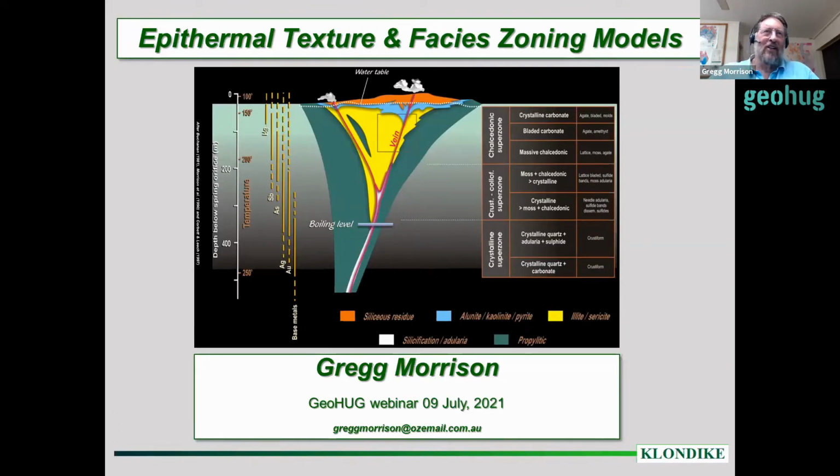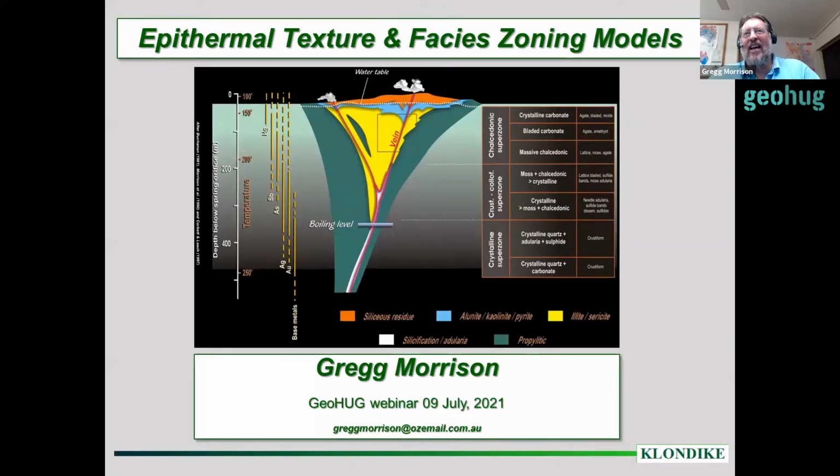Anyway, what I'm going to talk about today is a couple of models that we've developed over the years. It's actually about 40 years now since we started doing this. The two main things are using the observable textures in epithermal veins to build a texture zoning model that makes sense in relation to the genetic models that we have already for low sulfidation epithermals, as represented in the famous Larry Buchanan model.